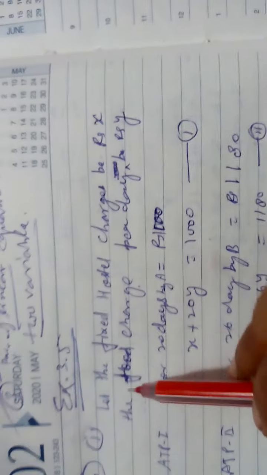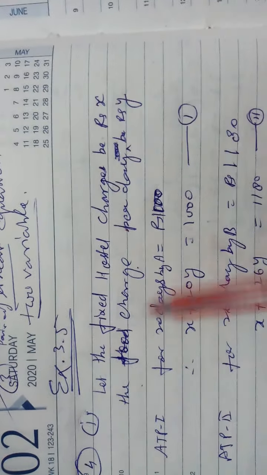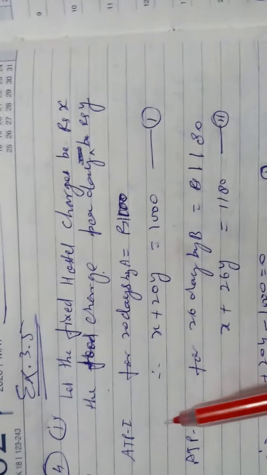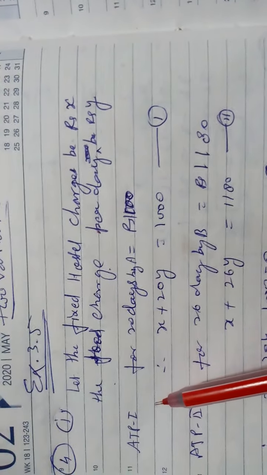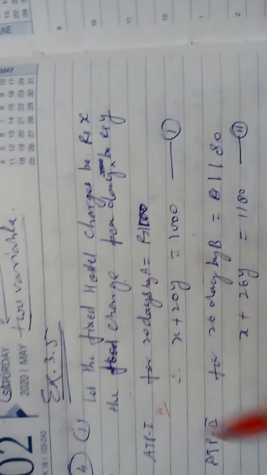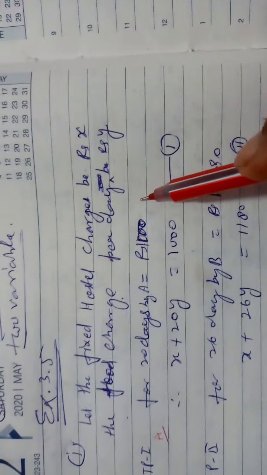So for this question, first of all, let the fixed hostel charges be rupees X and the food charges per day be rupees Y. In this, the first condition is for student A. He is saying that for 20 days student A pays rupees 1000.